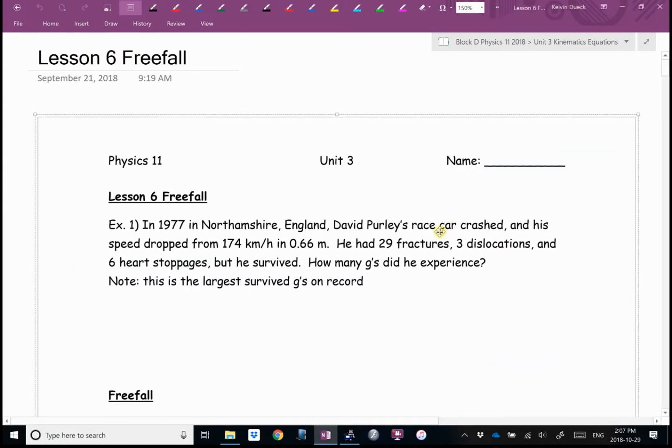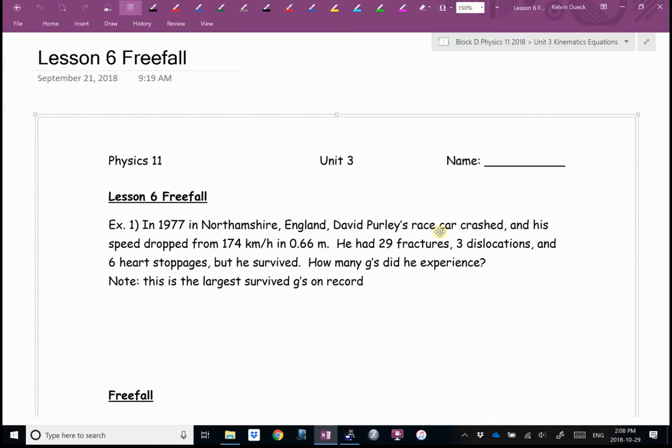So this is the largest survived G's on record. What I mean by that is we have video evidence. It may be possible that someone survived more in a car accident somewhere, but there weren't cameras rolling to record it.